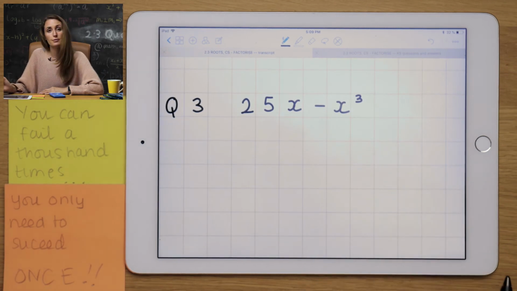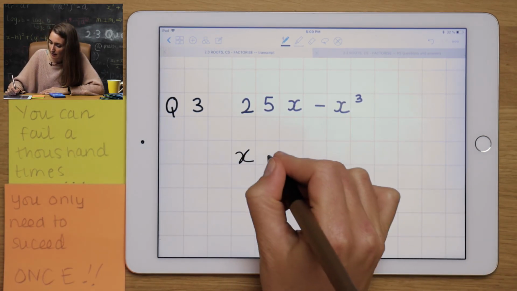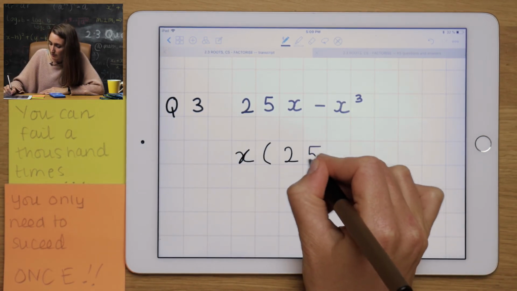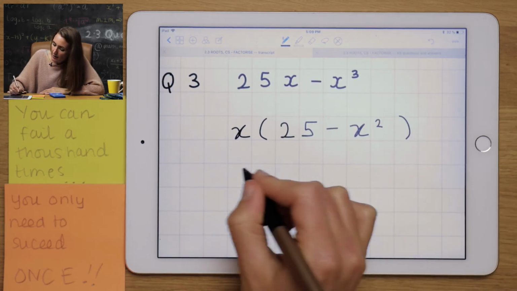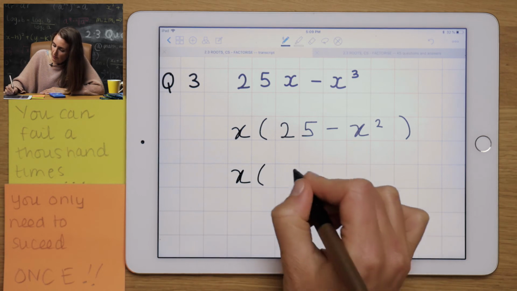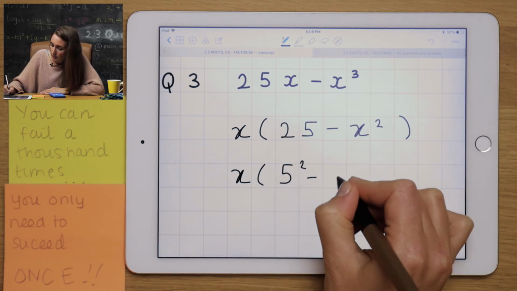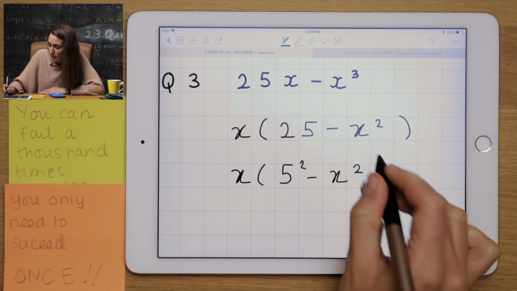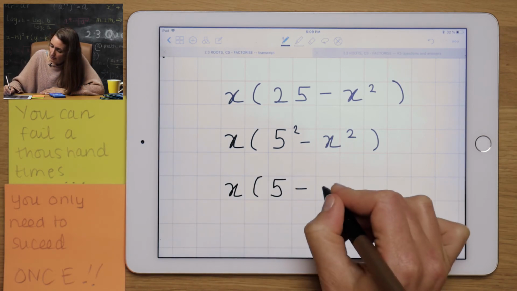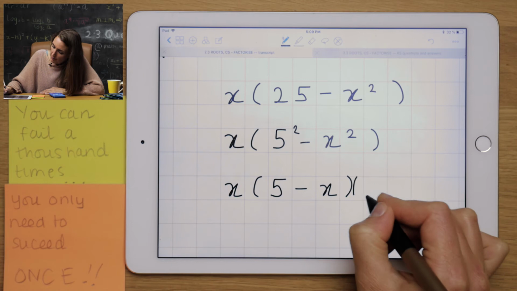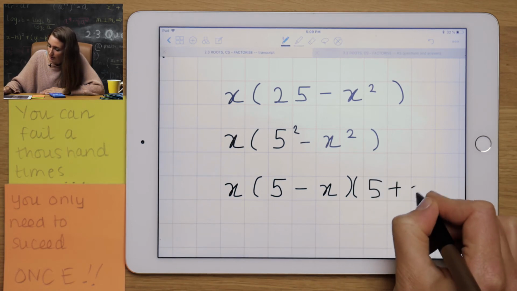The third example is very similar. First of all, I'm going to take out the x. That's 25 minus x squared here. And I'm going to then factorize this again using my difference of two squares method. So this will be x, 5 minus x, bracket 5 plus x.